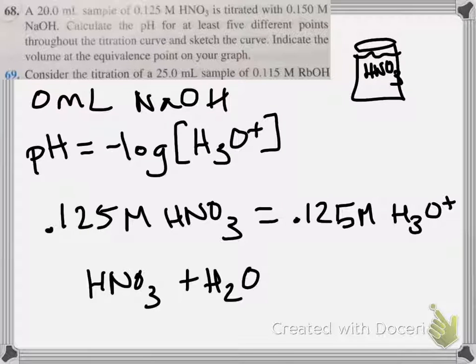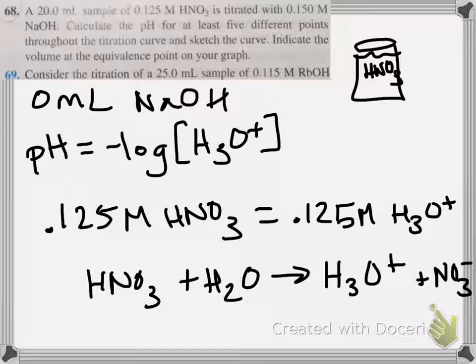It's a solution, so it's mixed with water, and it fully dissociates. So all of it becomes H3O plus plus NO3 minus. So all of our HNO3 becomes our H3O plus.